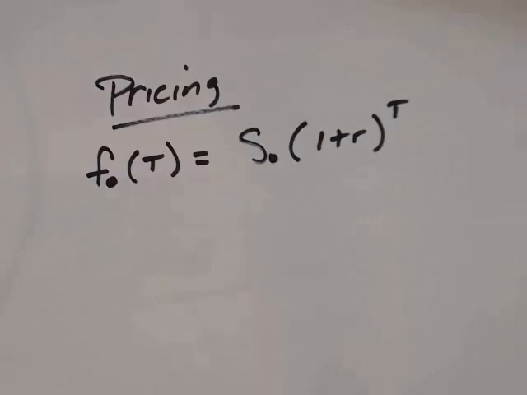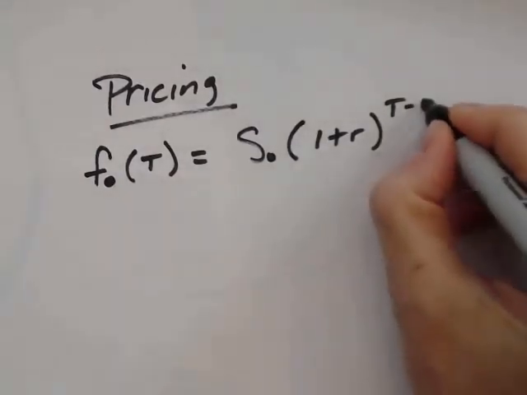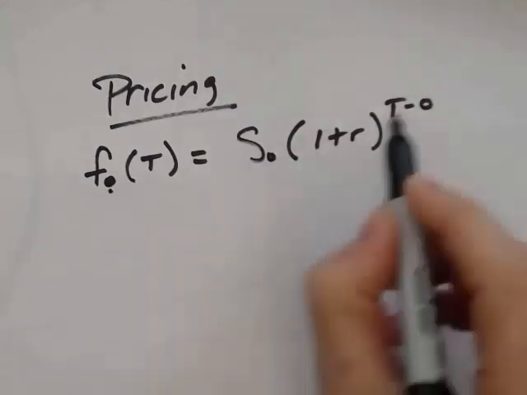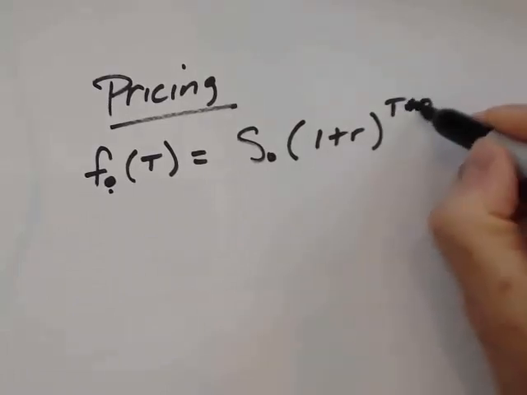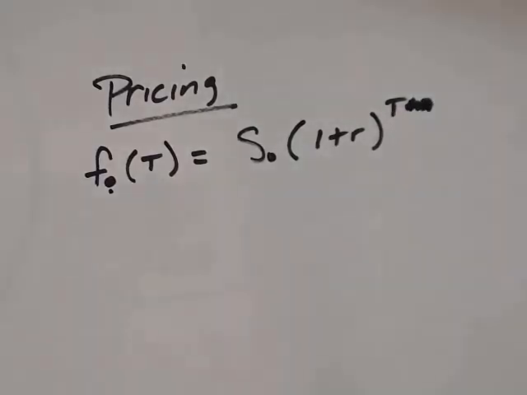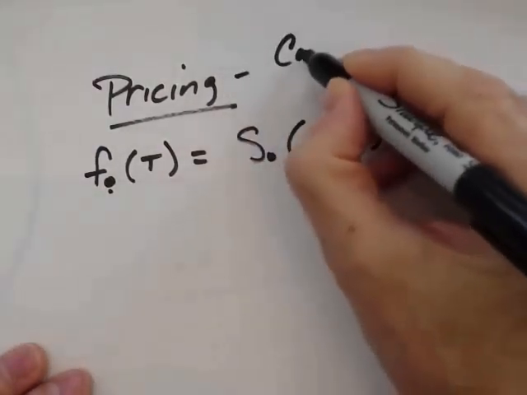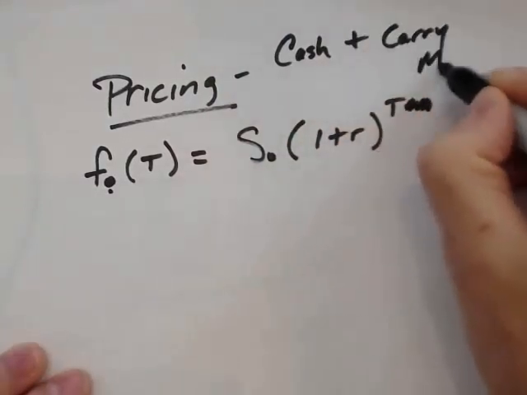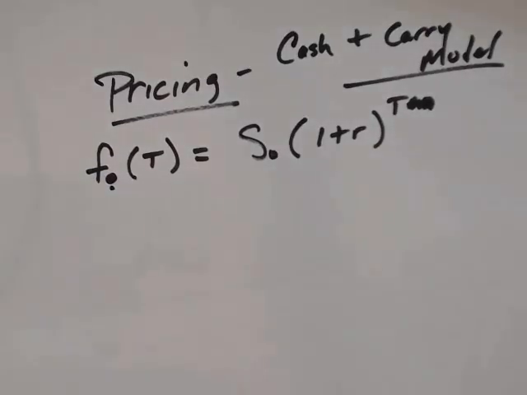You don't have to do this because it doesn't do anything mathematically, but you could say it's t minus 0, because you started the contract at time 0. So we just say through time t. This is pricing through the cash and carry model. This is the workhorse model of futures contracts.